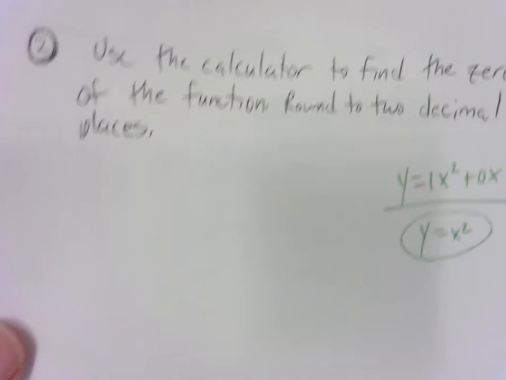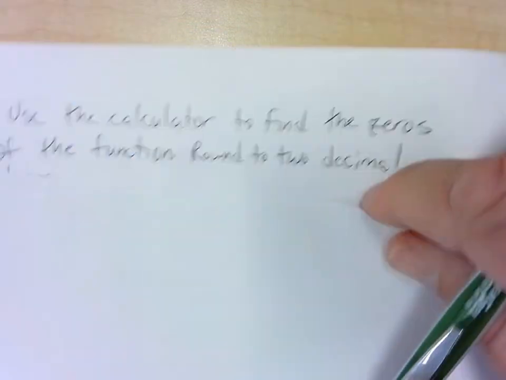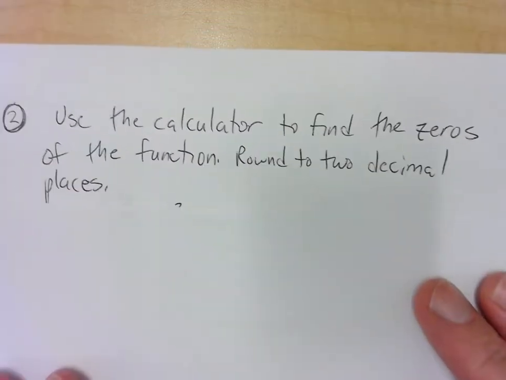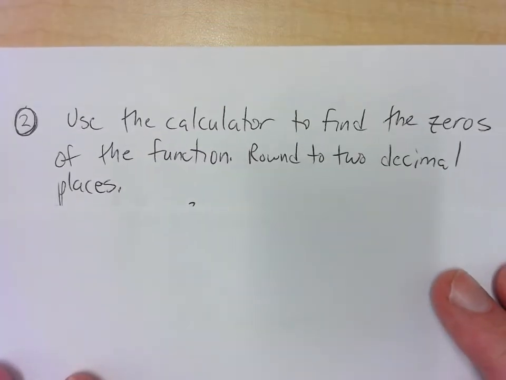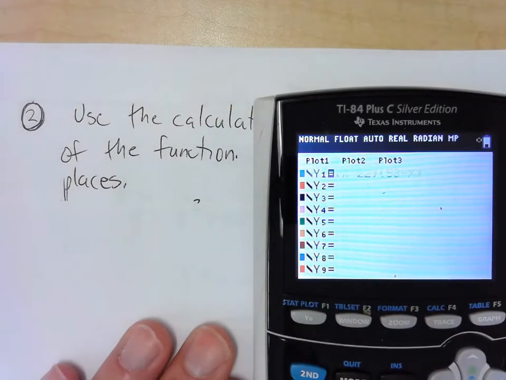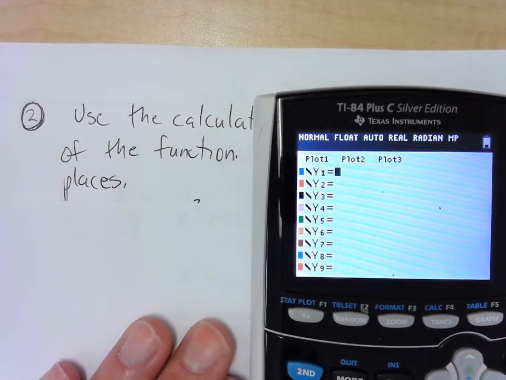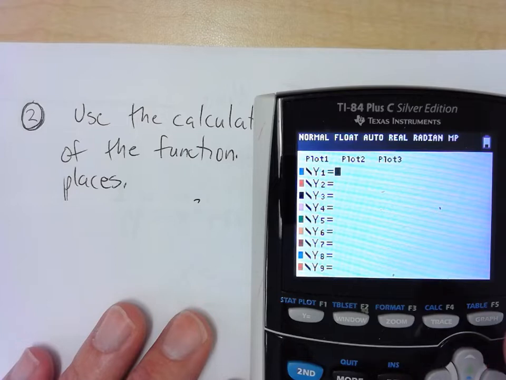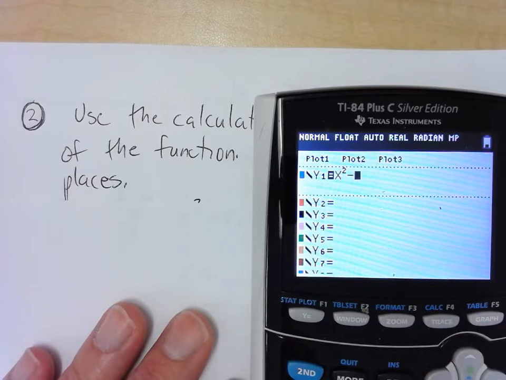The next question, you have to find the zeros of the function. It says use a calculator to find the zeros of the function, round to 2 decimal places, so to the nearest hundredth. You're going to have some quadratic, and the quadratic may look like x squared minus 4.